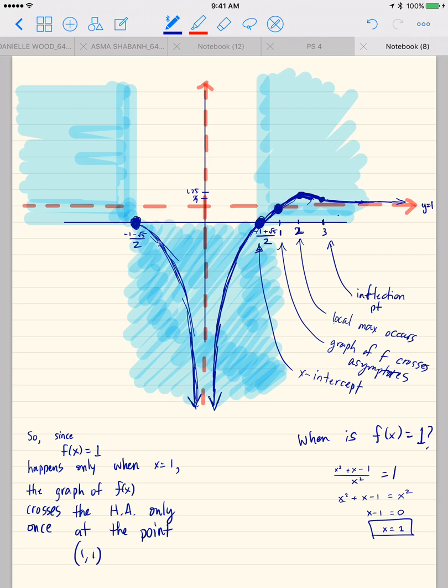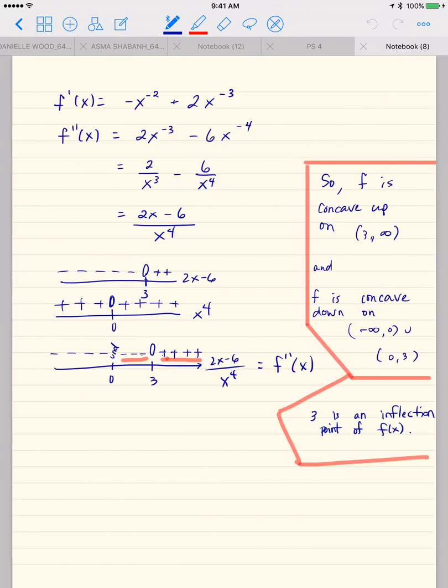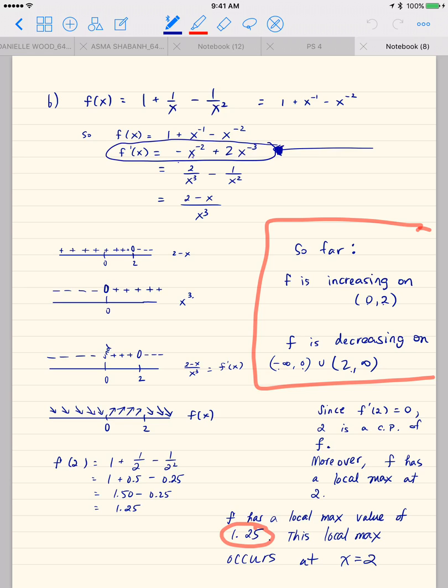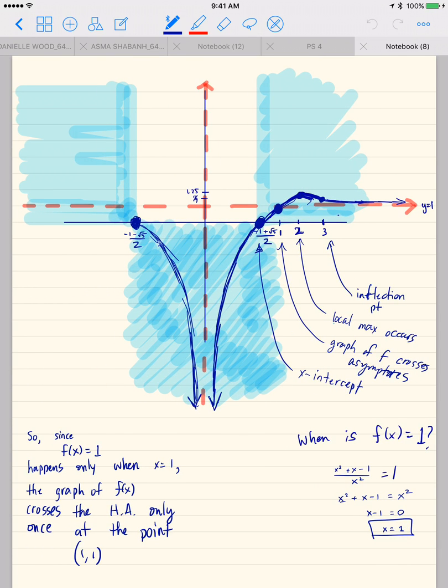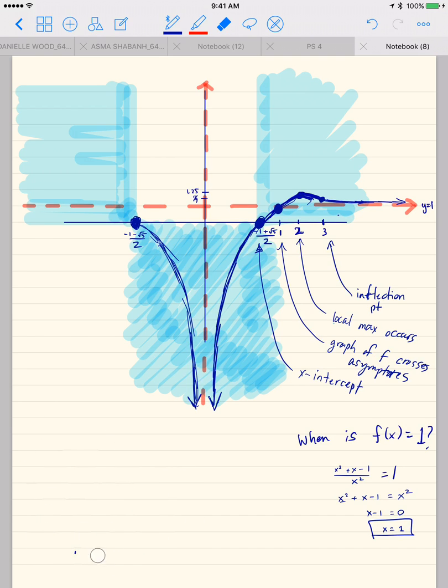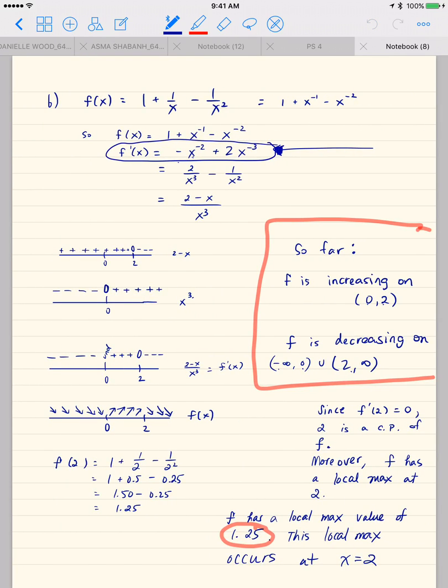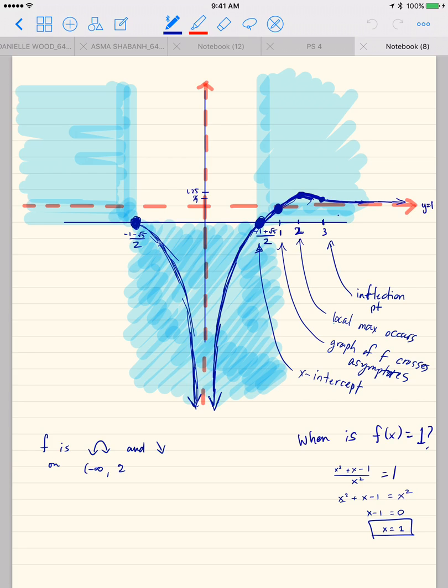We change concavity. Right over on the left-hand side of the graph, the only thing we know is that our function is going to be concave down, okay, and it'll be decreasing. So f is concave down and decreasing on negative infinity to 0.